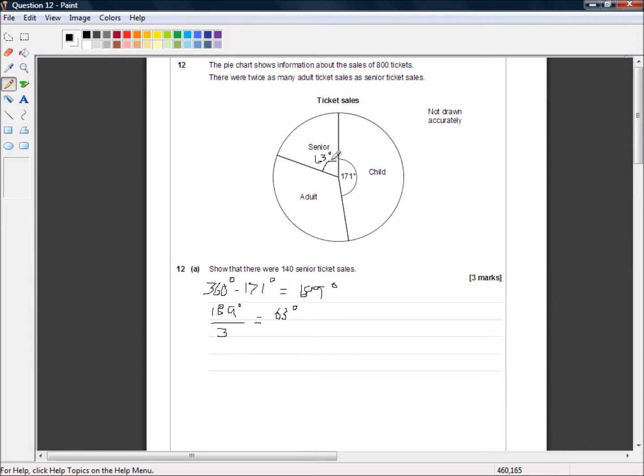So now all we need to know is how many tickets is represented by 63 degrees. Well, we know that 360 degrees is 800 tickets.